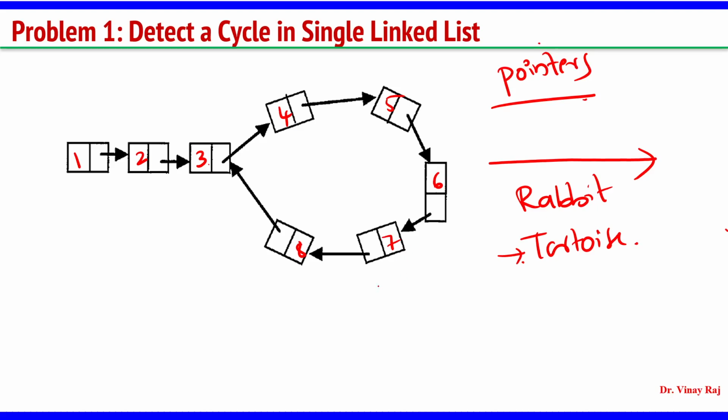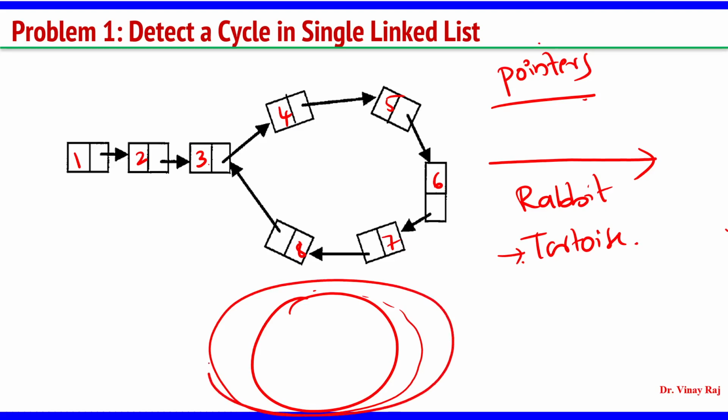In a circle, the rabbit is running continuously and the tortoise is also moving. By the time the tortoise completes one round, the rabbit might have completed 1.5 or 2 rounds. So there will definitely be one common point where both the rabbit and the tortoise will meet.